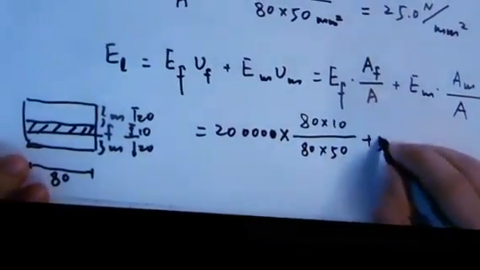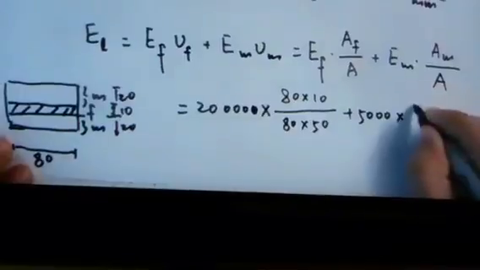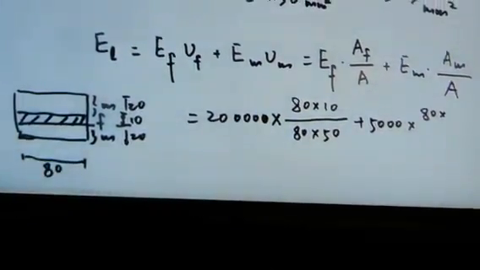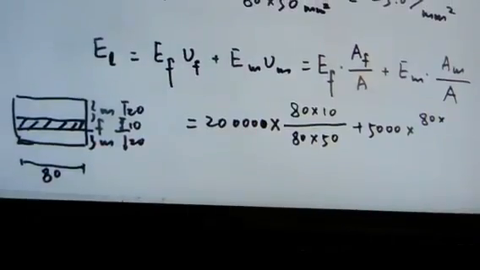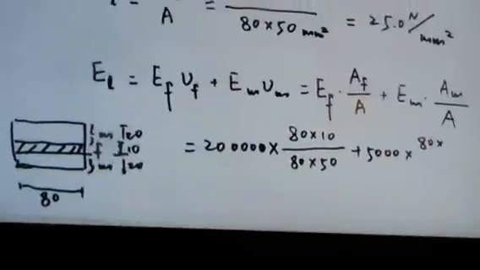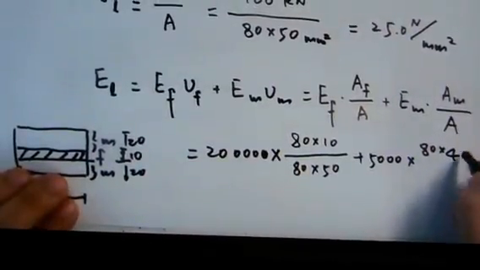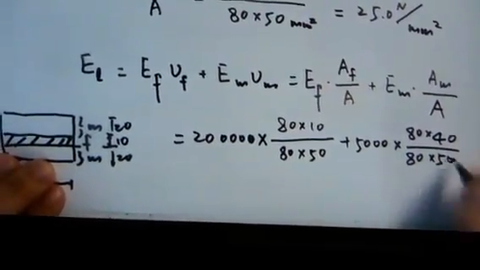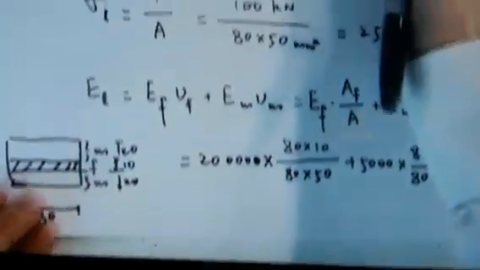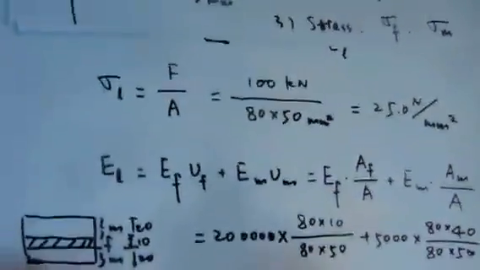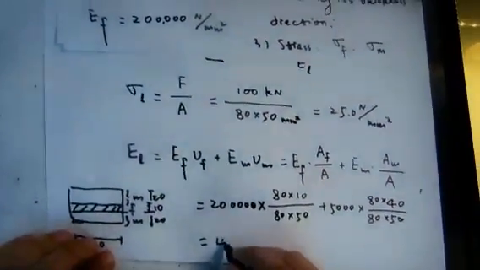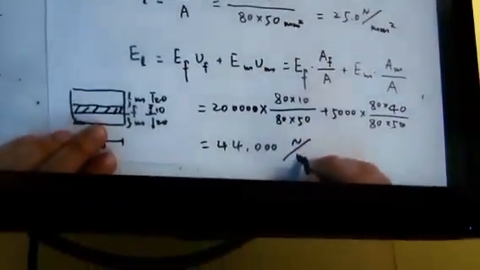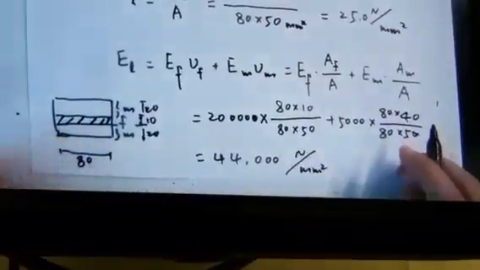E_M, 5,000 times 80 times 20 plus 20. You have 20 here and 20 here, so it's 40. This is the volume fraction. And then you can calculate E_L, which is equal to 44,000 Newton per square millimeter.